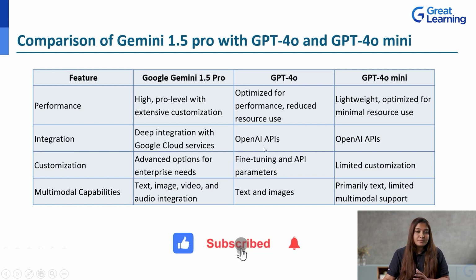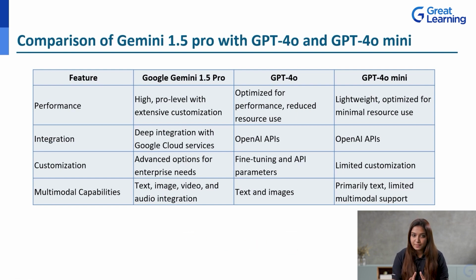Then comes GPT, it has integration with OpenAI APIs, both of them, because this is 4o and 4o mini. Next comes customization. When it comes to Gemini, it has advanced options in order to fulfill enterprise needs. But when it comes to GPT, it has a fine-tuning nature and also API parameters are considered. When it comes to mini, it has limited customization.